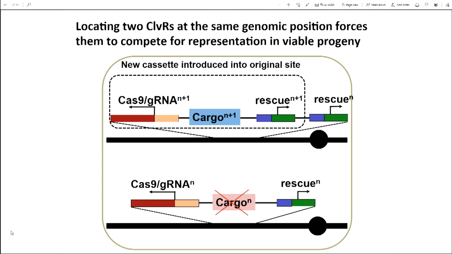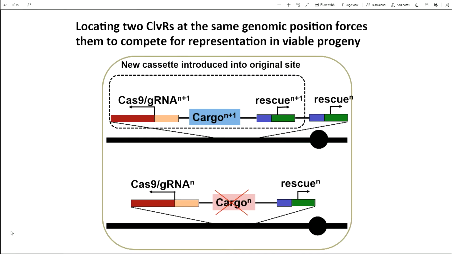And then very importantly, also the old rescue that targets N, right? And now we have a situation in which, because these are at the same position, meiosis can't recombine them onto the same chromosome. And so they're forced to compete with each other for transmission to viable progeny.